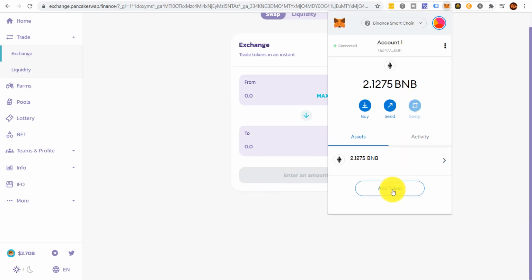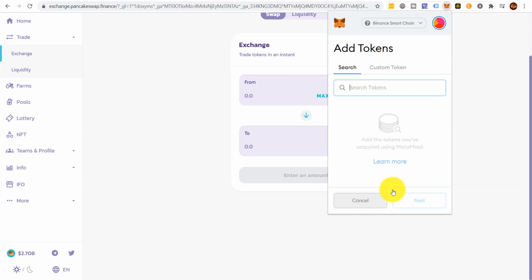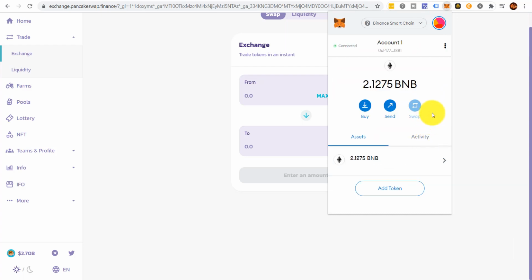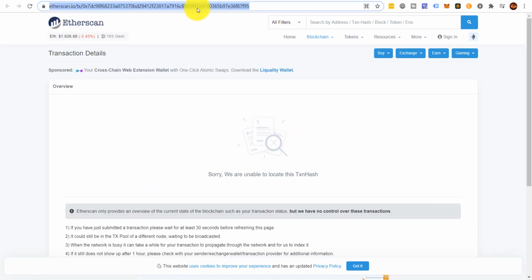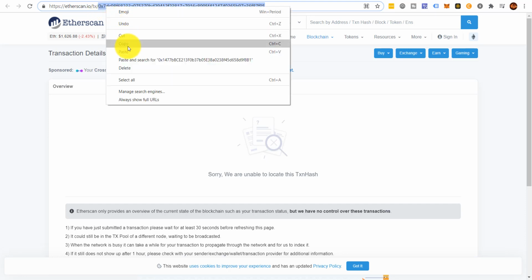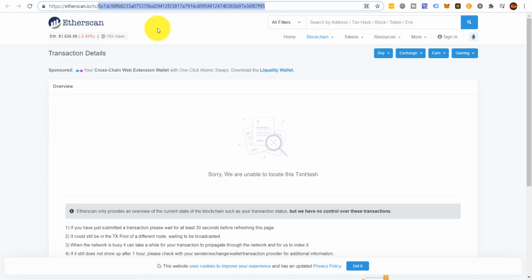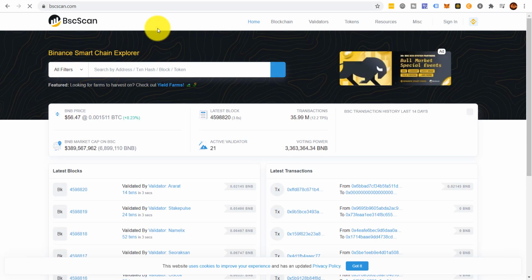We're going to add the Cake token. It's very simple. The token will probably show up here eventually by itself anyway. Connectivity. We're going to go to the Etherscan. We're not doing Etherscan. We're doing right here, we're going to BSC scan.